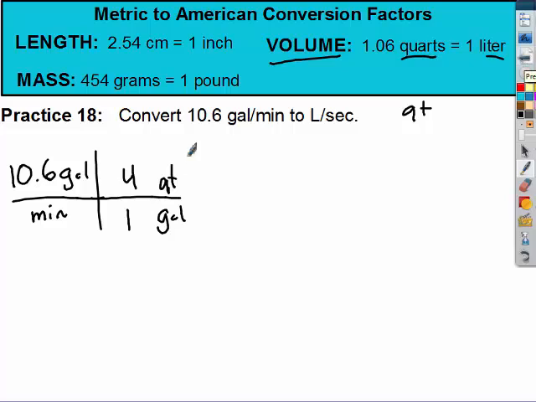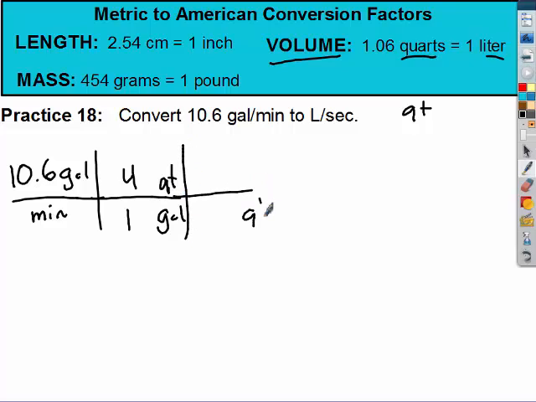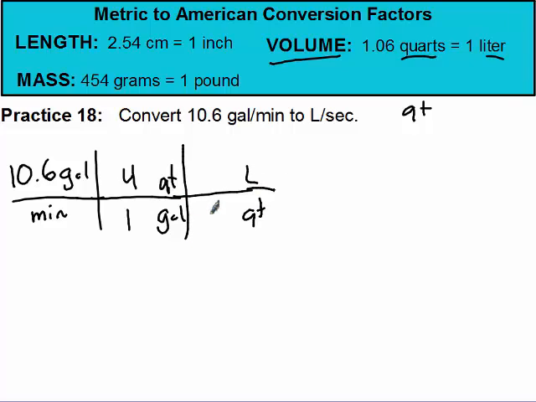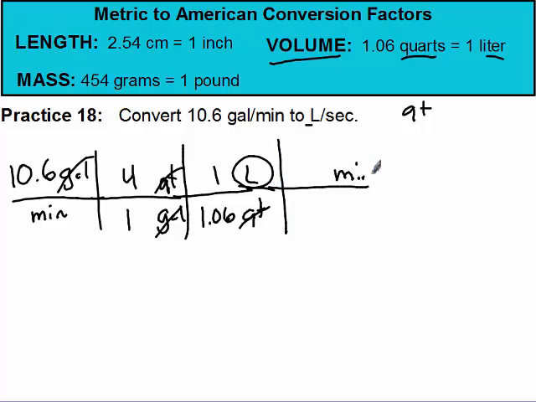Now that I'm in quarts, I can say that 1.06 quarts is 1 liter. And I want liters, which is what I'm at. Now I just need to convert the bottom unit. 1 minute is 60 seconds.